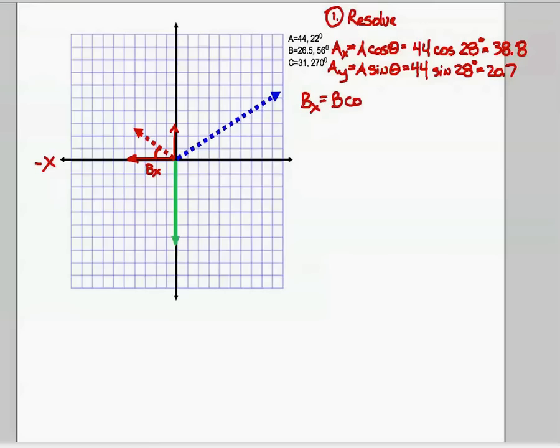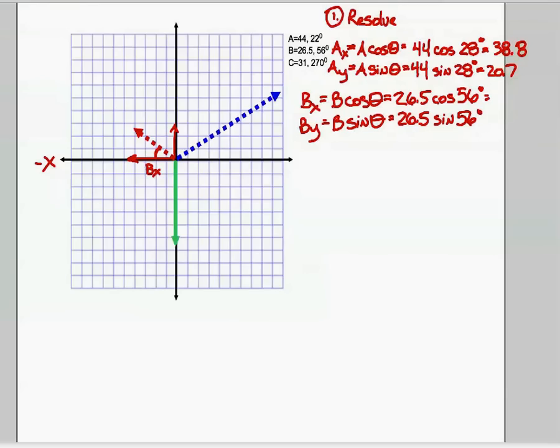All right, let's go ahead and run these numbers. We get B times the cosine of the angle theta. Our magnitude B is 26.5, and I'm going to multiply that times the cosine of the angle that's made with the negative x-axis, which is 56 degrees. And the y component of vector B is simply B times the sine of the angle theta, so 26.5 times sine 56 degrees.